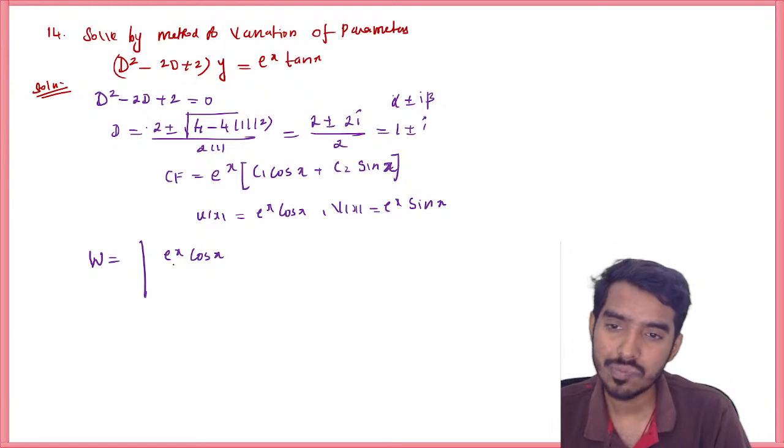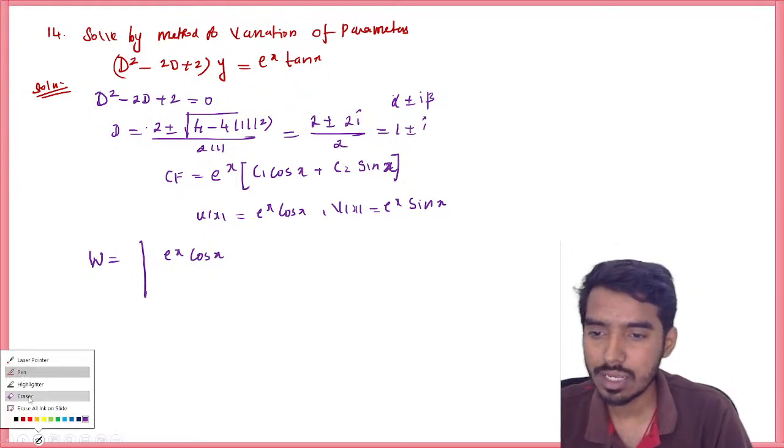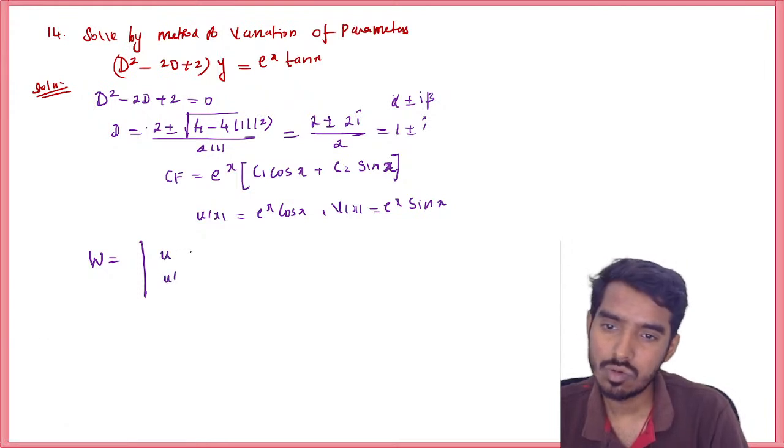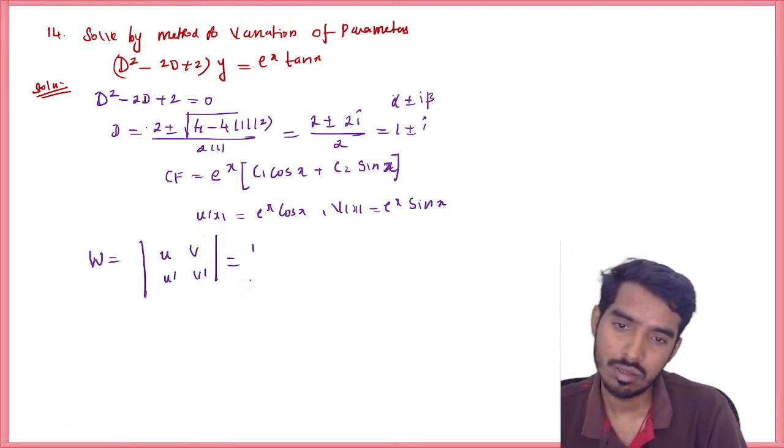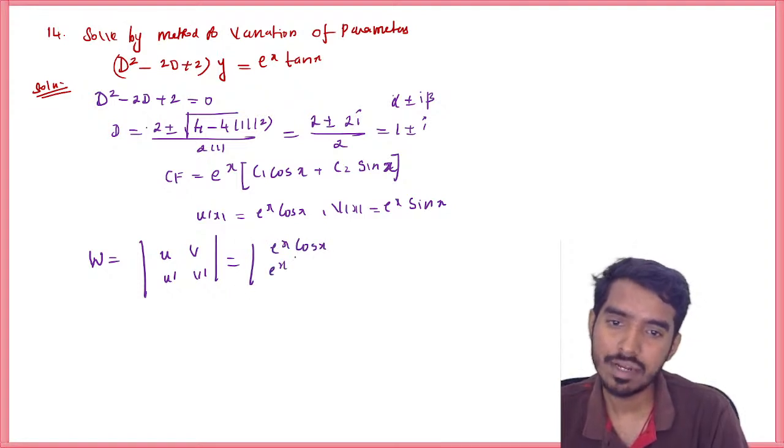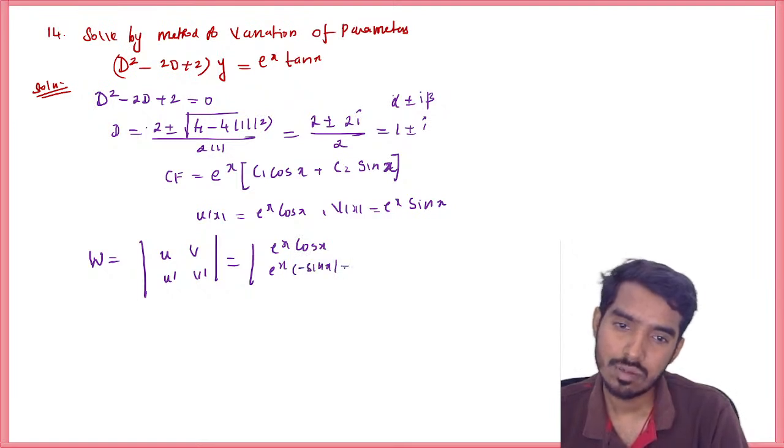Its derivative. Formula 2. So e^x cos x. Differentiate this: e^x, and the derivative of cos x is minus sin x.